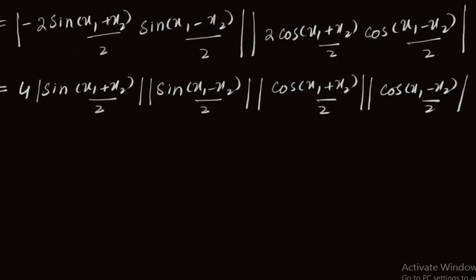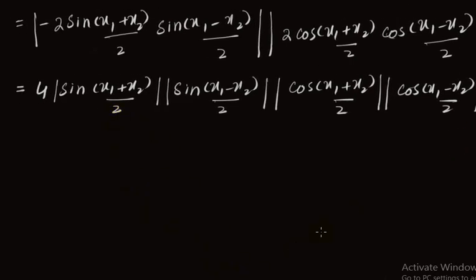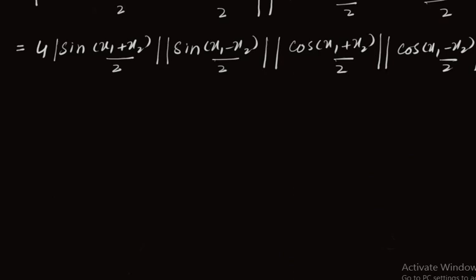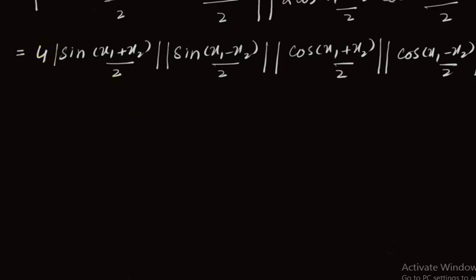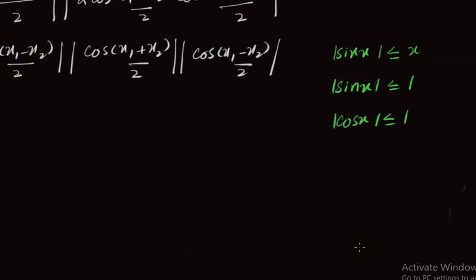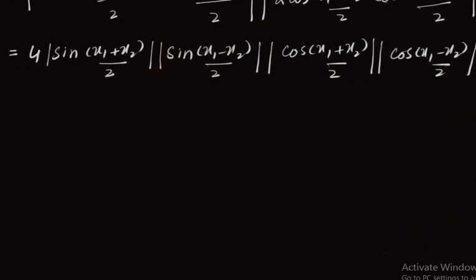Whenever we deal with questions on trigonometric functions, we use these relations according to the situation. As the situation demands a factor x1 minus x2, the trigonometric function sin of x1 minus x2 by 2 can give us a factor x1 minus x2 if we use the relation that mod of sin x is less than or equal to x. For the rest of the identities we use the inequalities that mod of sin x is less than or equal to 1 and mod of cos x is less than or equal to 1.